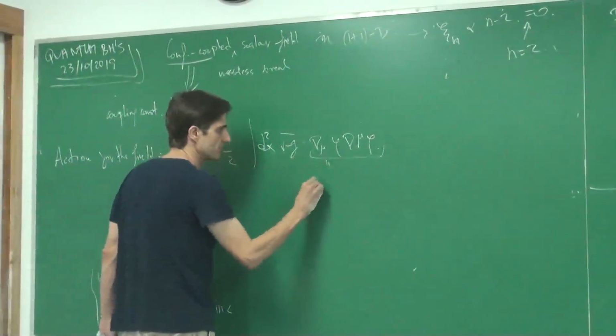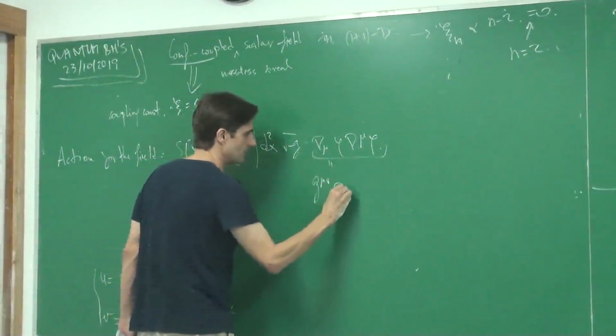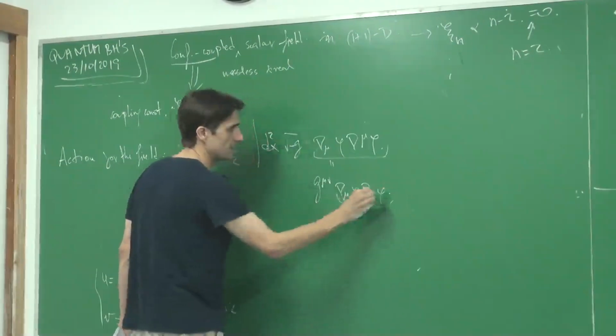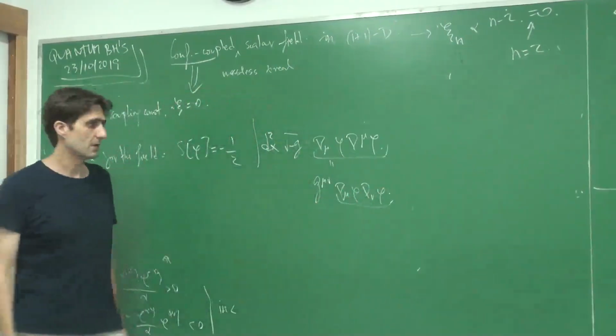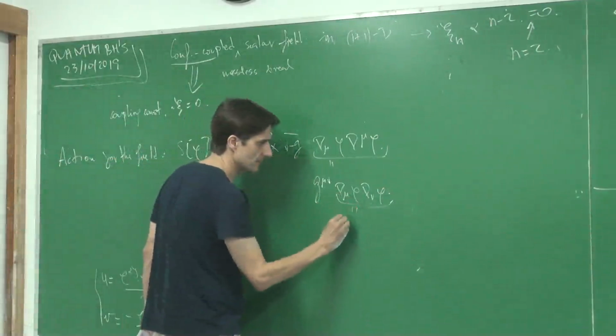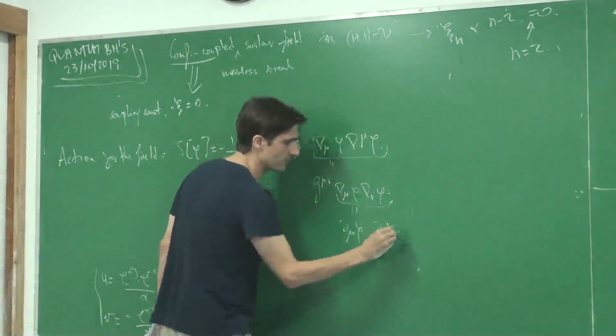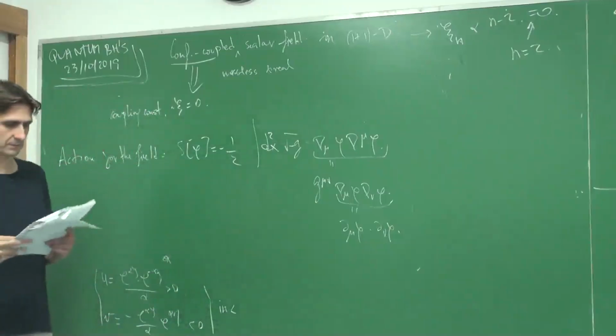This is just g mu nu derivatives of phi. This is a scalar field, so the covariant derivatives you can replace by partial derivatives.